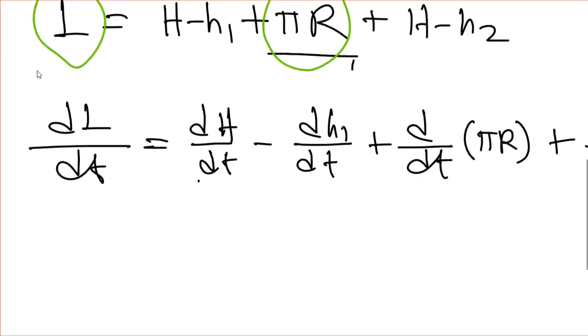As L is a constant, the derivative of a constant will be 0.